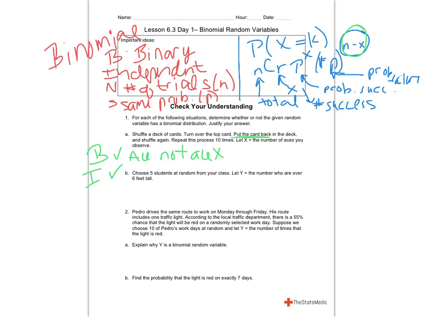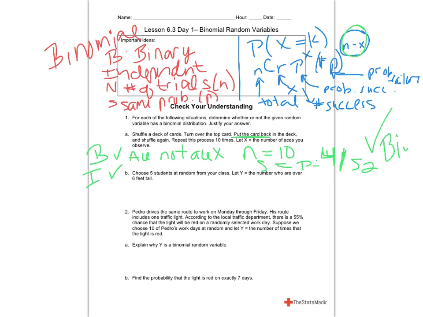I am replacing the card. Do I have an N set number of trials? Yes, I'm doing this 10 times. And is the probability of success the same every time? Yes, I have 4 possible aces. Every time I have 52 cards. All 4 of these things are my justification that yes, this is a binomial distribution.